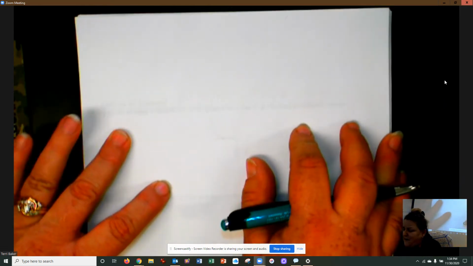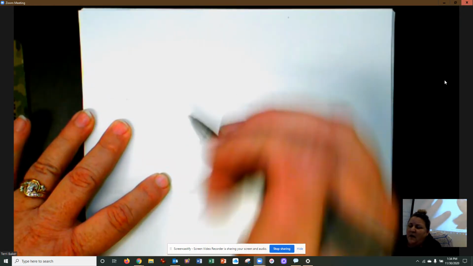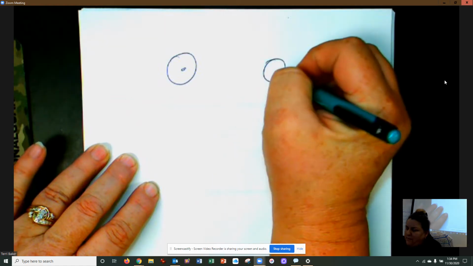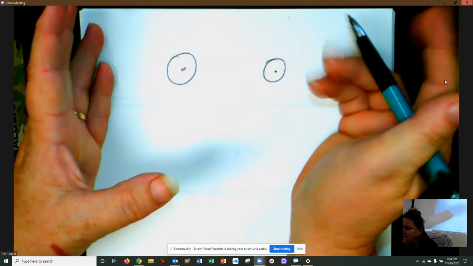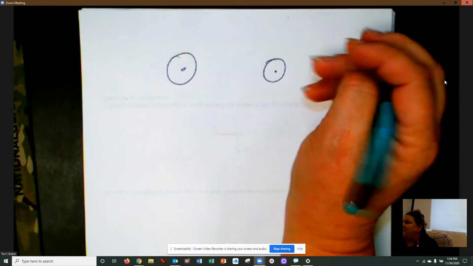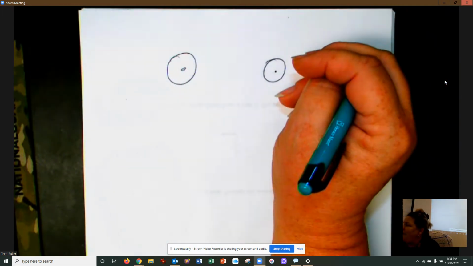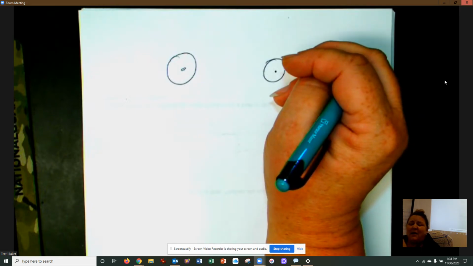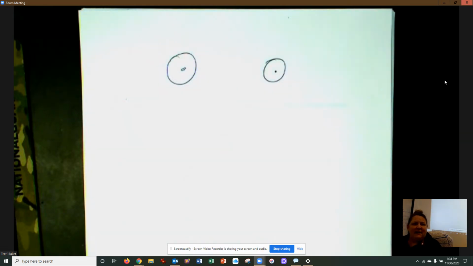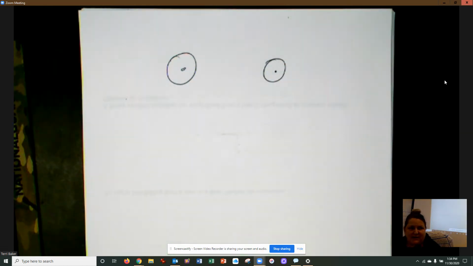So, universal gravitation. Let's say we have two objects on Earth, whether it be two bowling balls like I have it drawn, or you and your desk, you and your pencil, you and your phone over the last week, you and your bed, okay? Between all objects in the universe, there is a gravitational pull between all objects, okay?